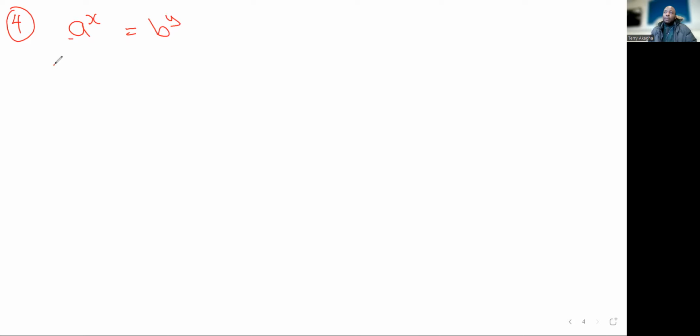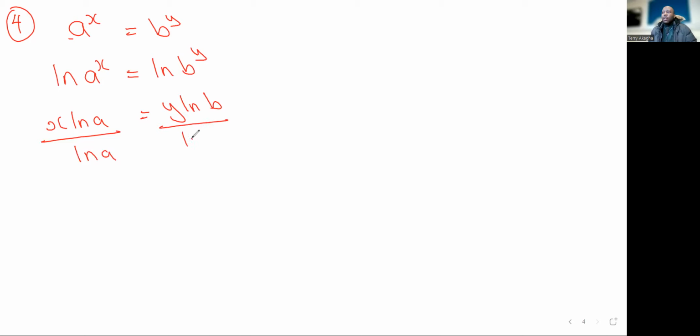So you're going to have ln a^x equal to ln b^y. If you want to make x the subject, it's going to become x ln a. You bring down the x here, will be equal to y ln b. So you can take ln as well. Then you divide both sides by ln a, and that will give you x equals y ln b divided by ln a. And that will be the answer for that.